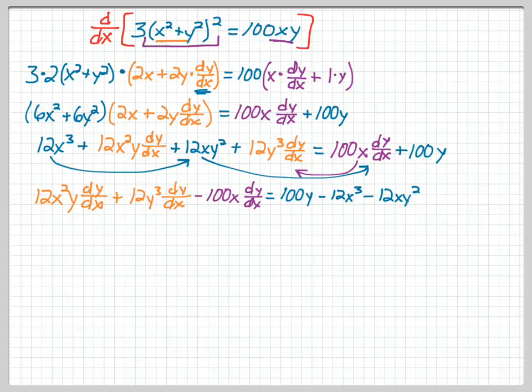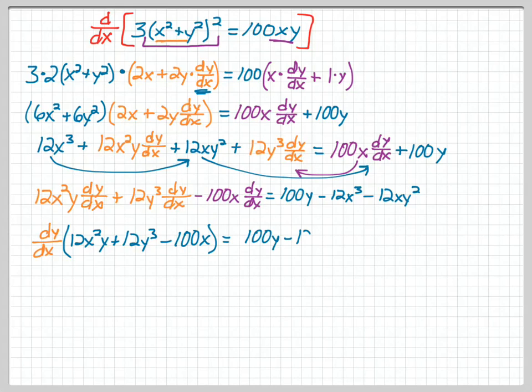Whew. Okay, now we factor out our dy/dx, and we're left with 12x squared y plus 12y cubed minus 100x on the left, and on the right we have 100y minus 12x cubed minus 12xy squared.